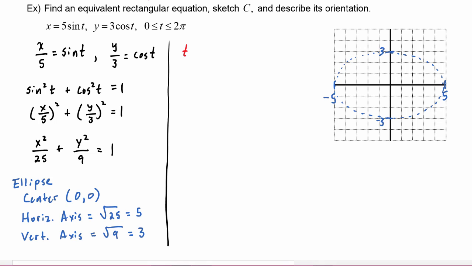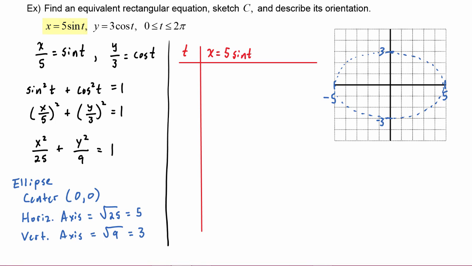So we know that x is going to equal 5 times the sine of t, and y is going to equal 3 times the cosine of t.